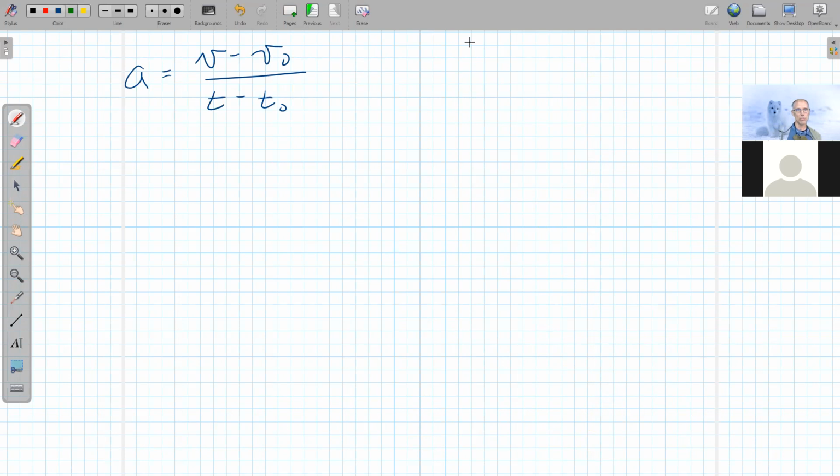And I was given A was 30 feet per second squared. This happened for 3 seconds, so that means we went from 0 to 3 seconds in the bottom. So T is 3 seconds, and T0 is 0 seconds, so we count 3 seconds.